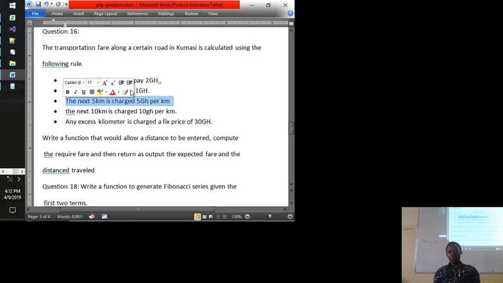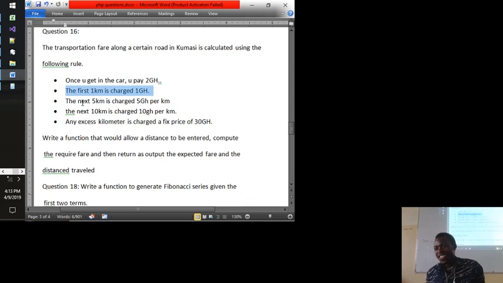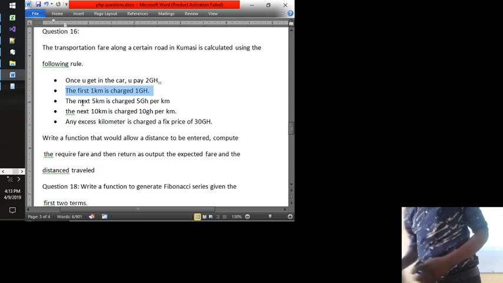And then the calculation is a step at a time. My senior brother is calculating from the 5-kilometer section where he's getting 25 again. No, the person didn't cover all the 25, because he has spent 1 kilometer here already. So he's left with 4 kilometers, which goes into the 5 kilometers. The next 5 kilometers is charging him 5 cedis per kilometer.